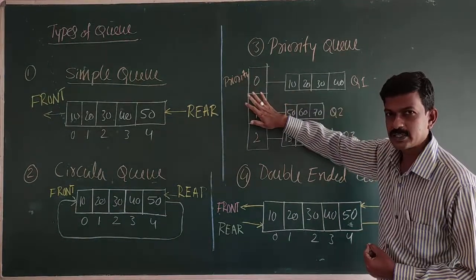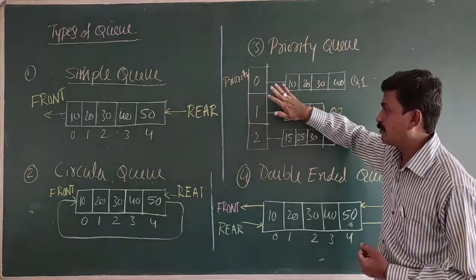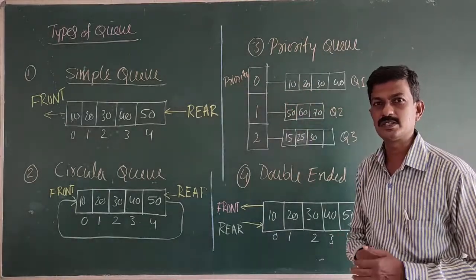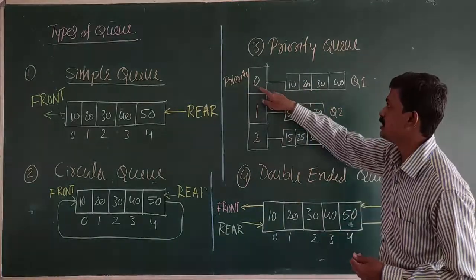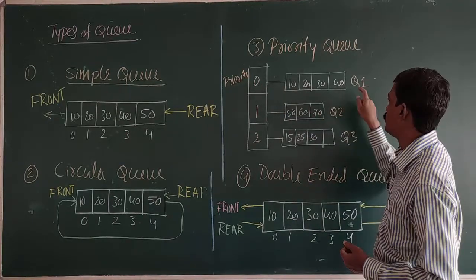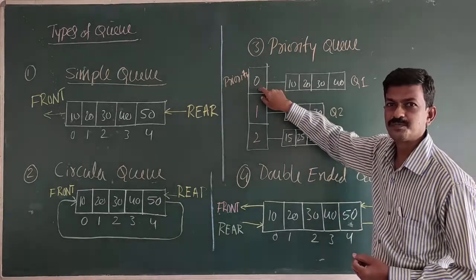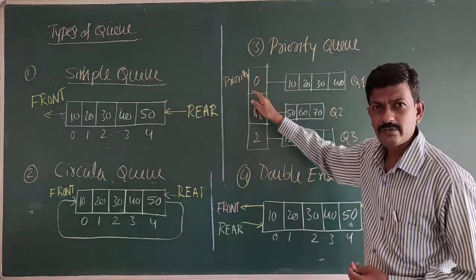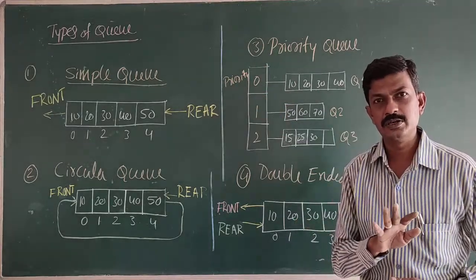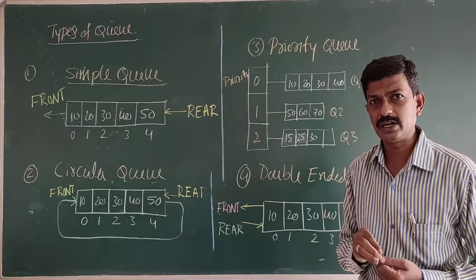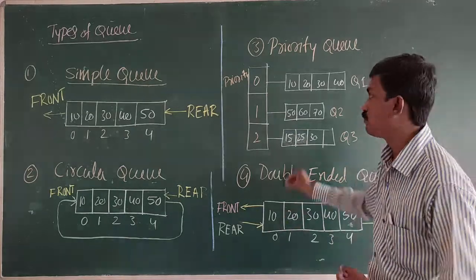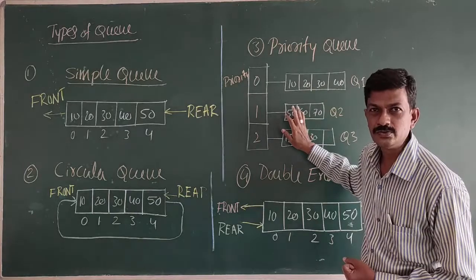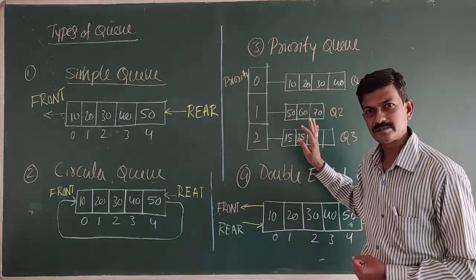If you want to perform operations, Q1 is chosen because it has the lower priority value. It means the lower priority value has the highest precedence for performing operations on this queue data structure.